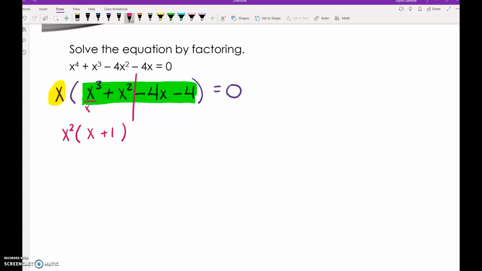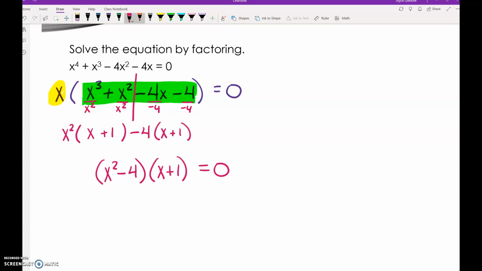If we take x to the third divided by x squared, we get x. x squared divided by x squared is 1. On the right side, they have negative 4 in common. So our factored form is (x squared minus 4)(x plus 1). Don't forget, we have an x in front.